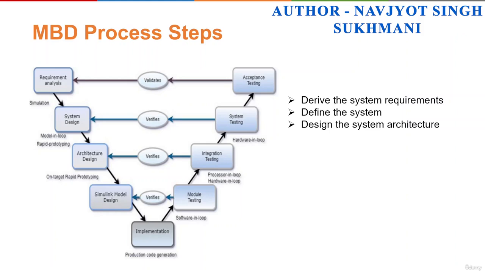This step is also called high-level design. For architecture design, different properties are further derived for each subsystem like inputs, outputs, internal signals, states, variables, and parameters like constants and all these things.